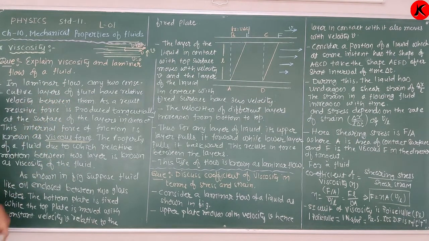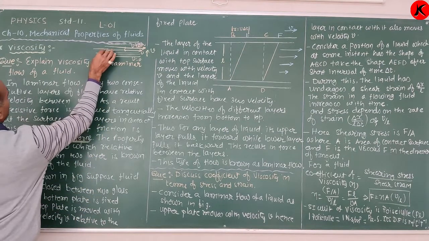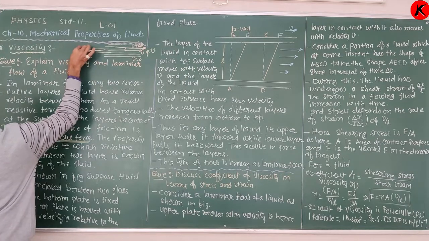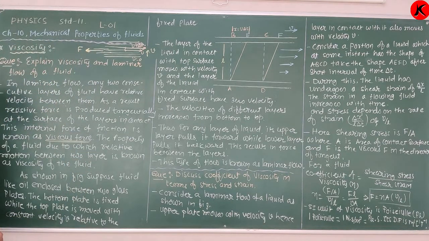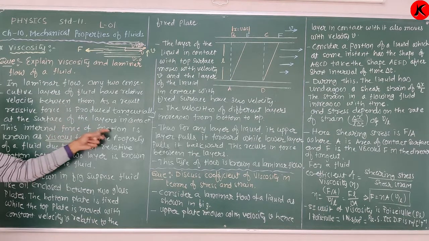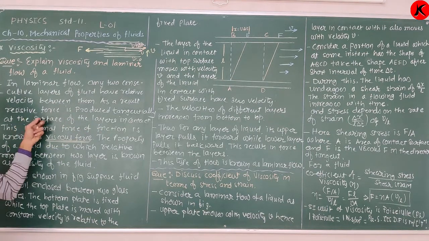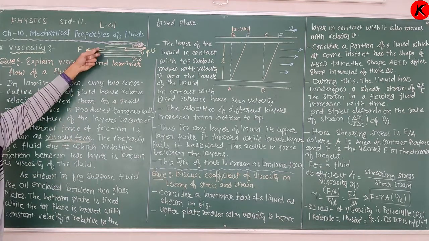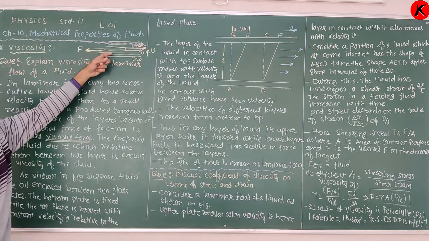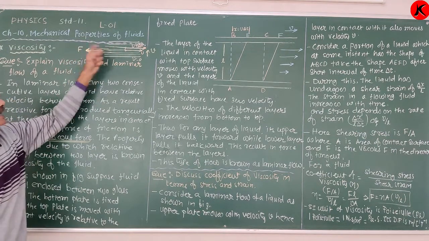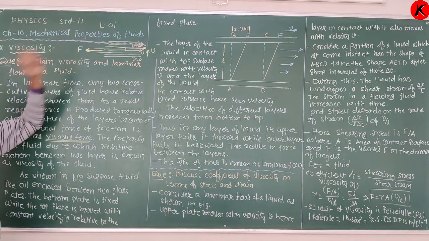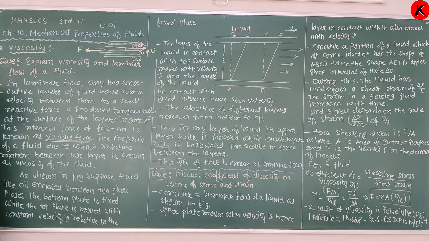As a result, a resistive force is exerted between these two layers, tangentially at the surface of the layers in contact. This resistive force is known as the viscous force.